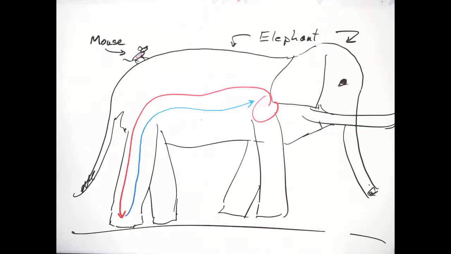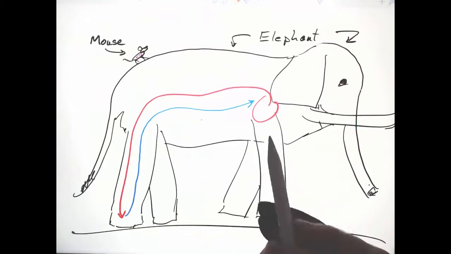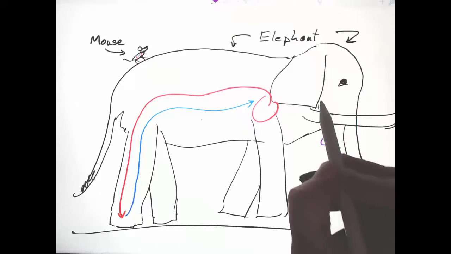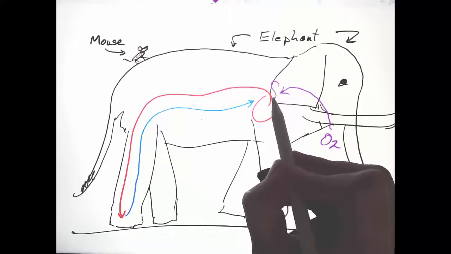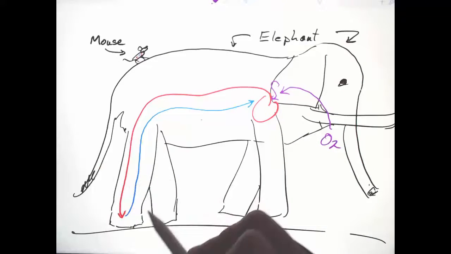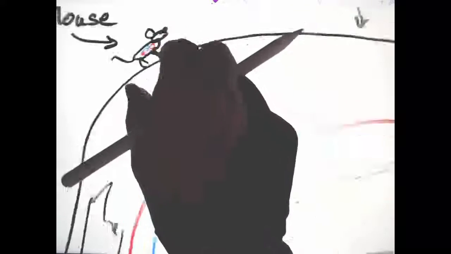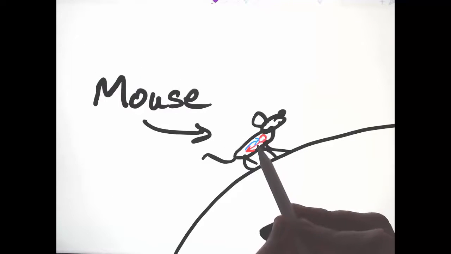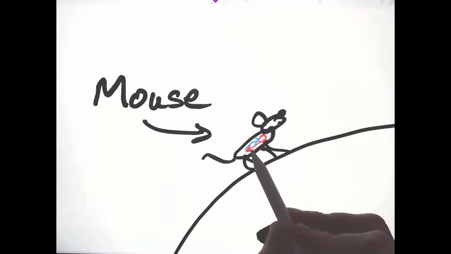The difference in metabolic rate with size has to do with how easy it is to transport materials, say oxygen, into the lungs, from there to the heart, and to the tissues and back. A mouse, with its very small body, can move blood very quickly from the heart to the tissues.